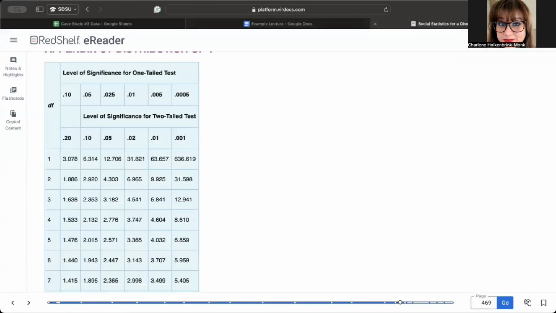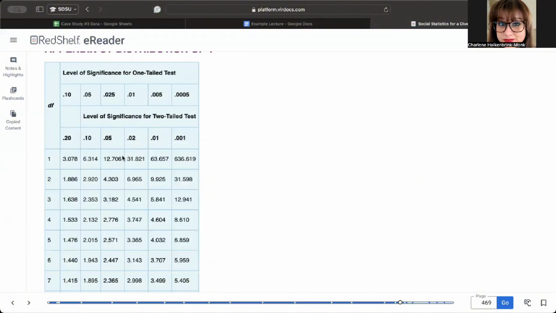Okay, so I'm doing a two-tailed test, and as a reminder, our alpha value is always going to be 0.05 for the purpose of this class. It can be 0.01, it can be other values, but for the purpose of this class, it's 0.05. That basically measures our level of statistical significance. So you're going to go to 0.05.